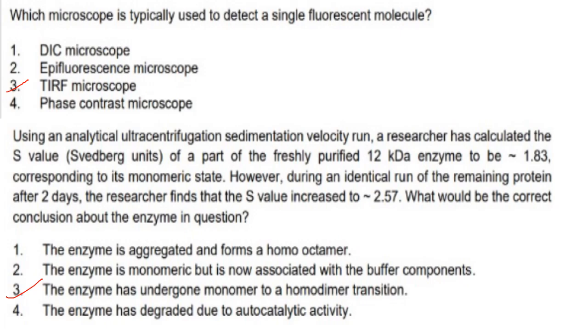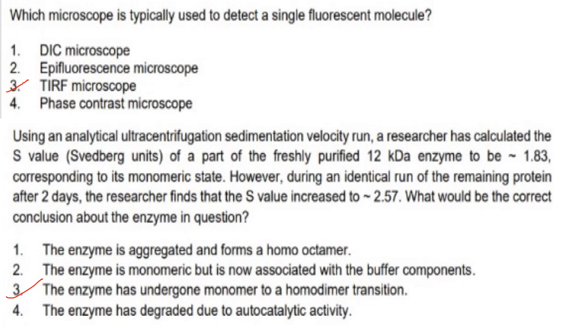Then next one. Using an analytical ultracentrifugation sedimentation velocity run, a researcher has calculated the Svedberg units of a part of the freshly purified 12 kDa enzyme to be 1.83. So for the 12 kDa enzyme, he calculated the S value, or Svedberg units, as 1.83, corresponding to its monomeric state.